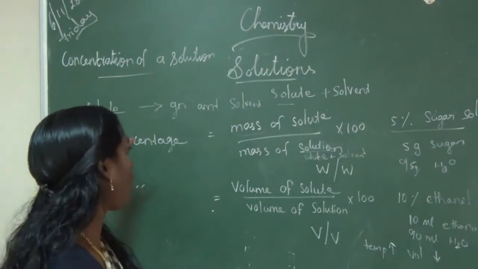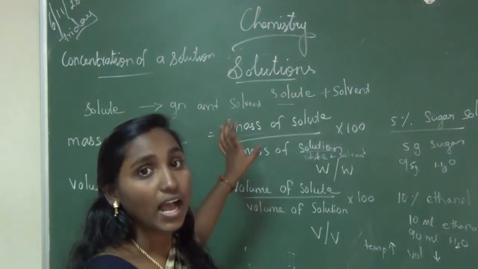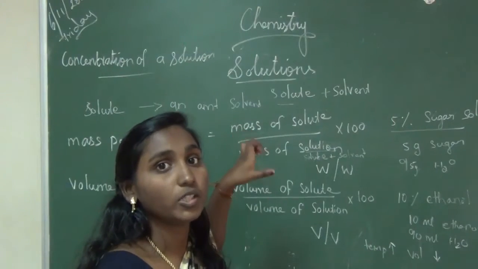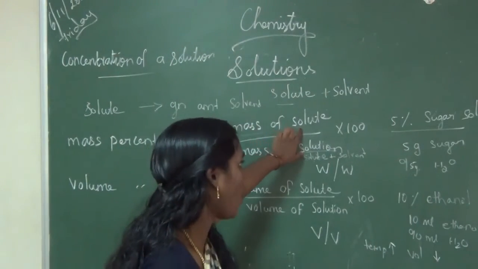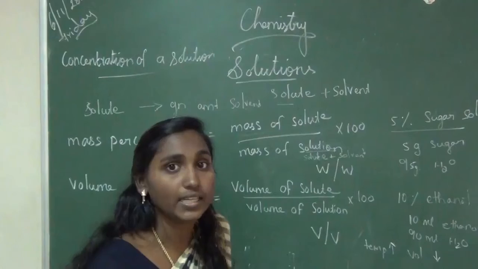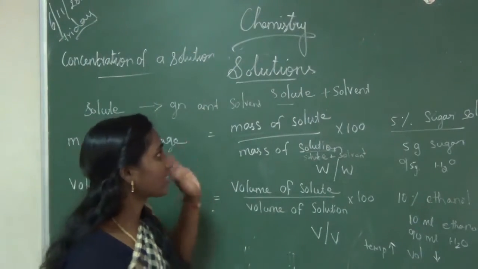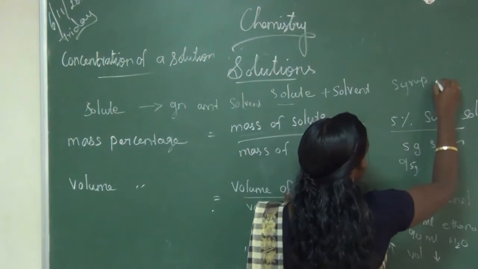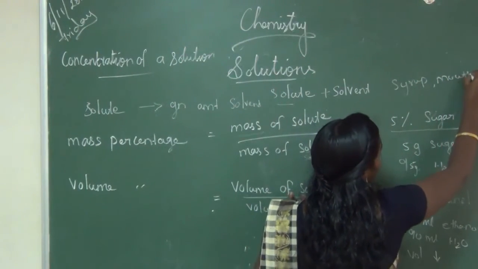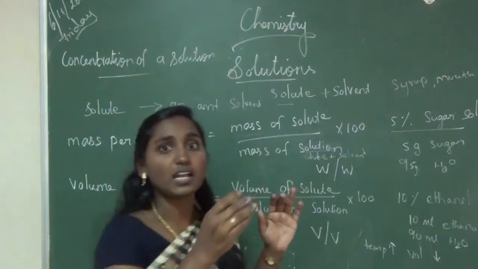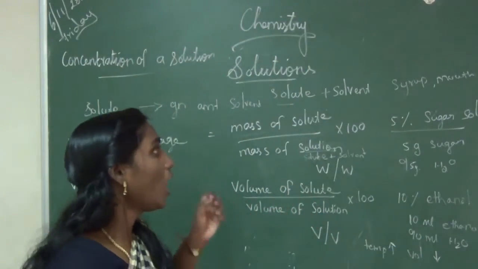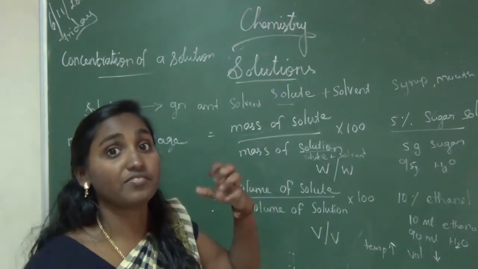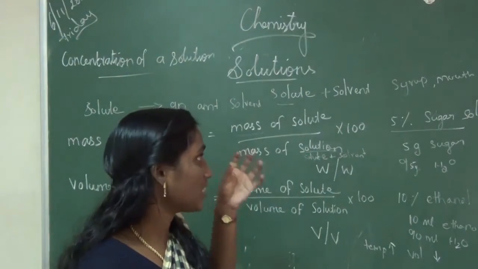Then next, you can notice commercial products. For example, for mass percentage, already we studied, it is mostly used when solute is solid and solvent is liquid, right? So here the examples are syrup, mouthwash, and household disinfectant liquids.